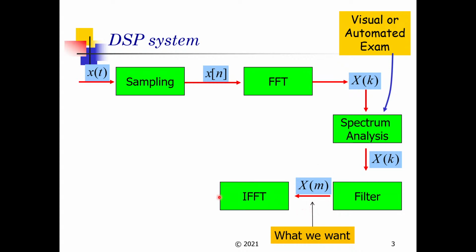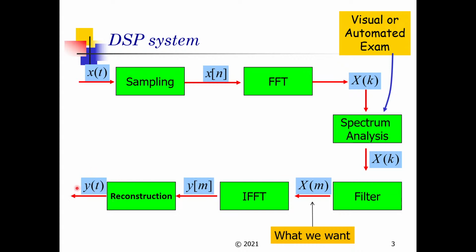We then do the inverse fast Fourier transform to convert from the discretized frequency domain back into the discretized time domain, being y of m, because this matches up with our x of m signal. And then we do signal reconstruction to get this back into the continuous time domain, y of t, our continuous time output signal.